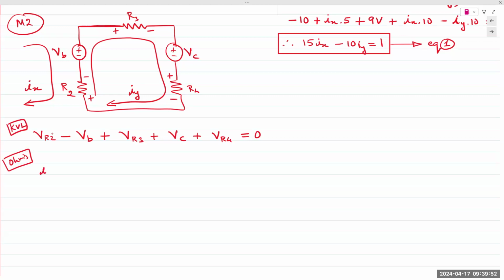In this case, it would become (IY minus IX) times R2, minus VB, plus IY times R3, plus VC, plus IY times R4.